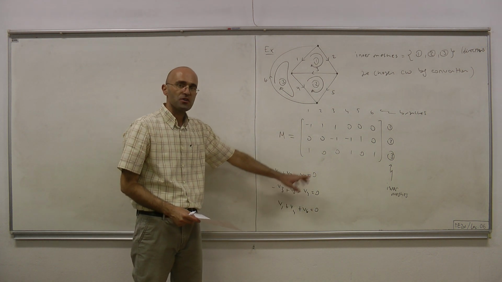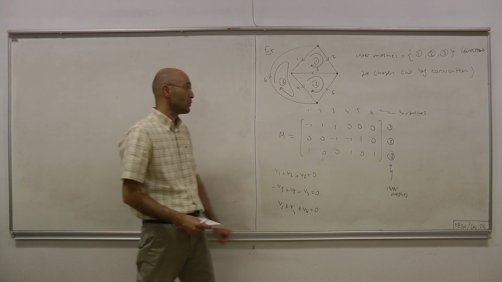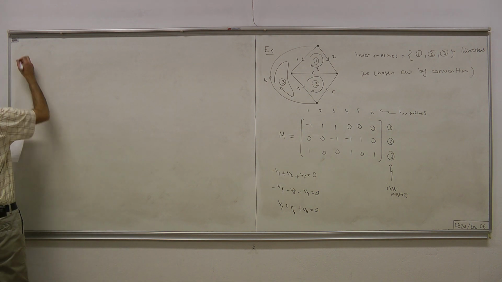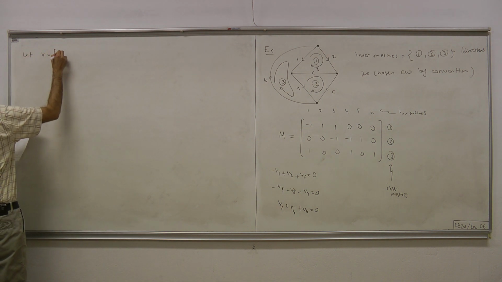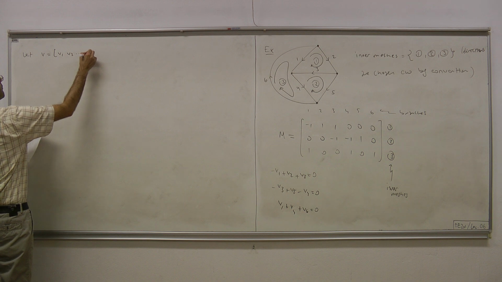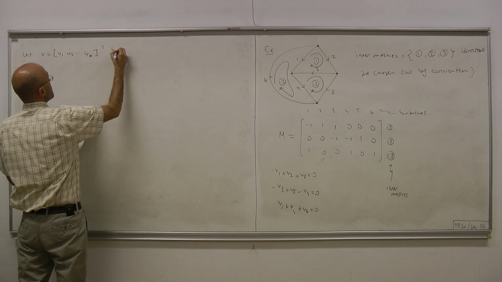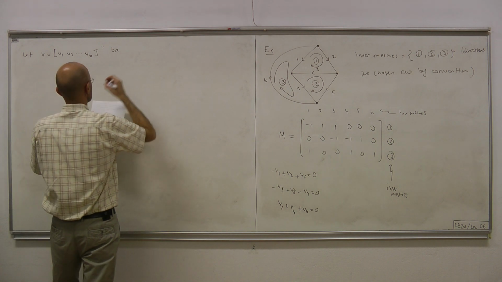And these three equations, it's not difficult to see that they're closely related to that matrix. And how they're related is as follows. Let V, V1, V2, through V6, transpose be the branch voltage vector.